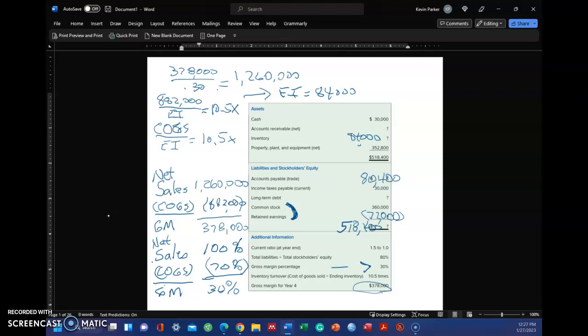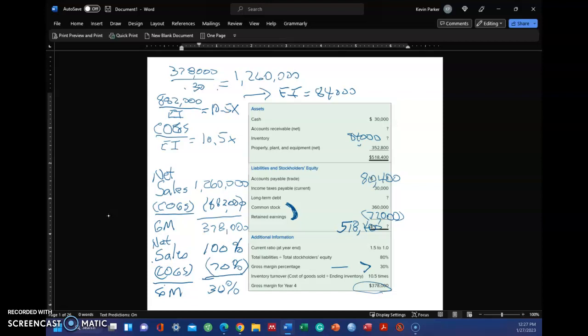So combining parts A, B, and C, we have used all this additional information to calculate the missing items here. And it's just another way of working through calculating the ratios and getting a good feel for how they are calculated and how they're based on the financial statements.